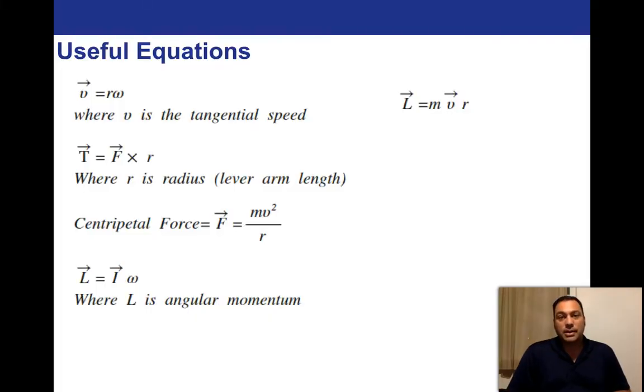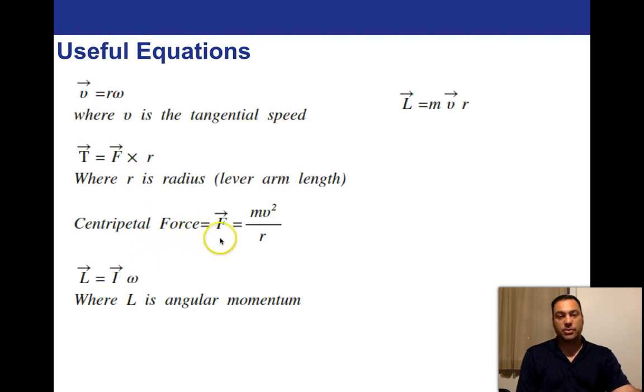And that gives us some useful equations that we could use in our homework sets, because the homework sets are all dependent upon these concepts. That tangential speed is equal to the radius times the angular speed, and that torque is equal to force times the radius, where radius is the length of the arm of the lever, or the radius of the spinning object.